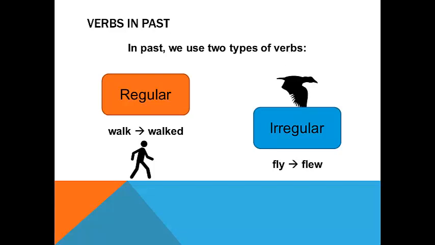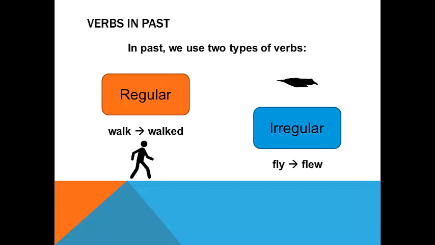The verb walked, it is in past. On the other side, we have irregular verbs which end in a completely different way. So as you can see, there we have fly, in past, flew. As you can see in the pictures, there we have a bird which is flying in this moment.